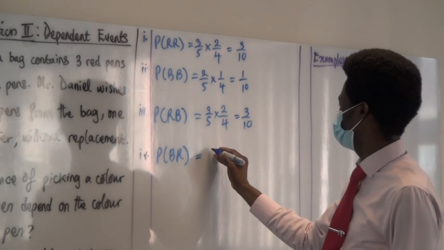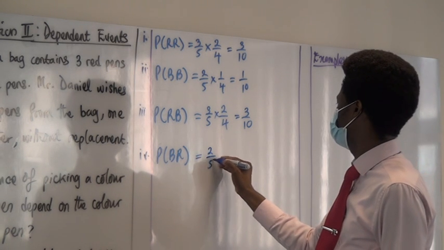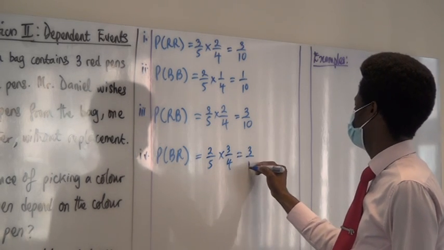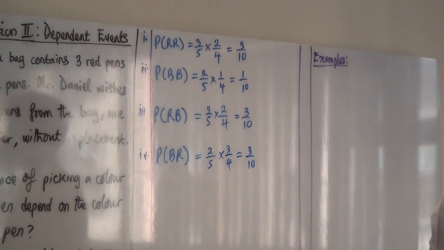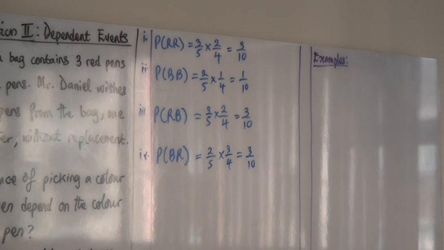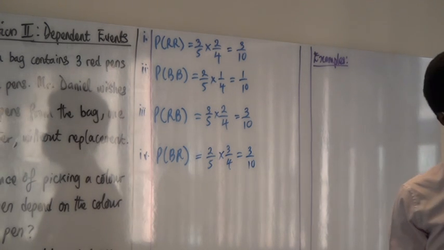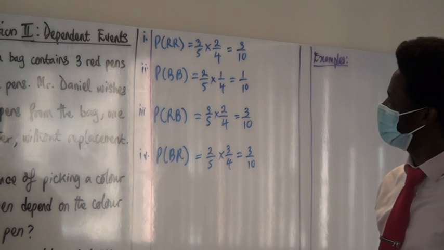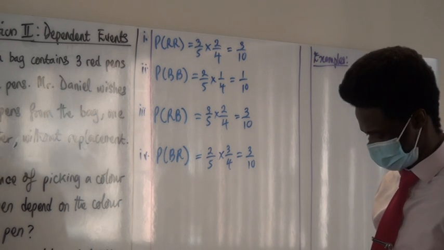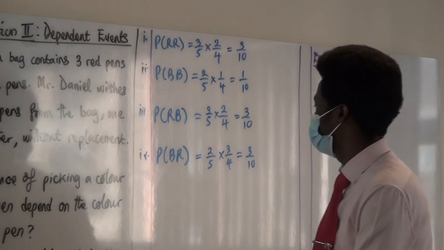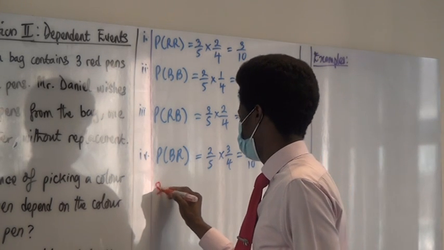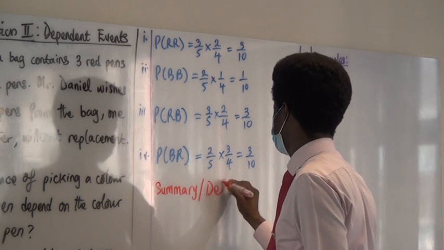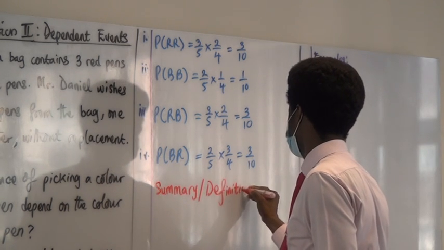Then here, if I pick this first, 2 over 5, 3 over 4, also we have a coincidence. So you can see we're going to get different chances. So as a result, these two events are dependent, which means this is our summary here. Let's have the summary or definition again like we did the last time.